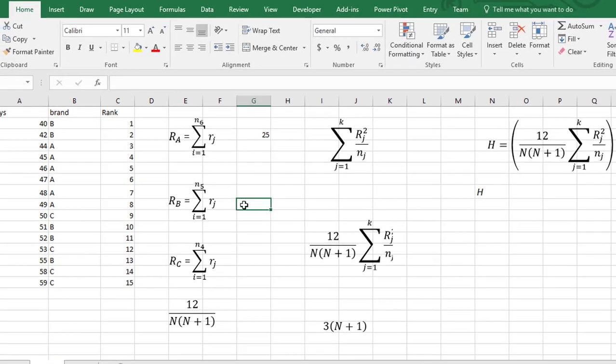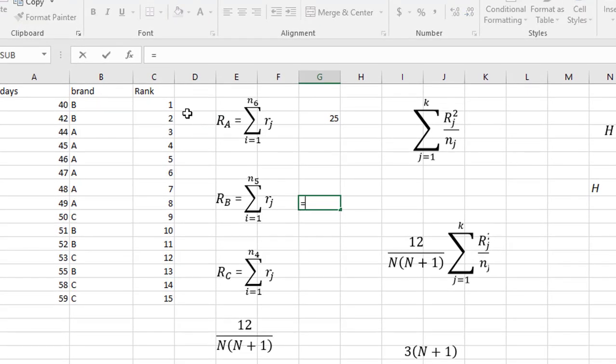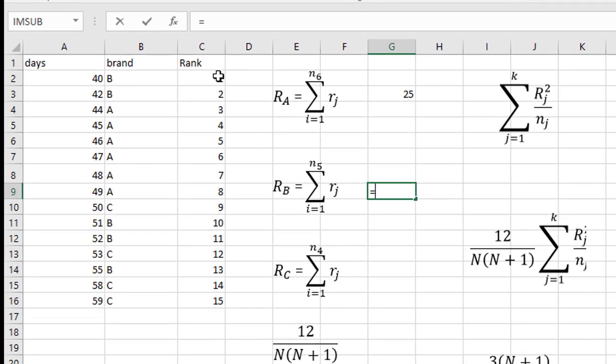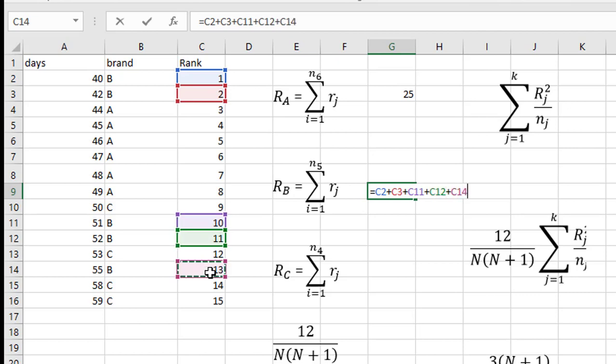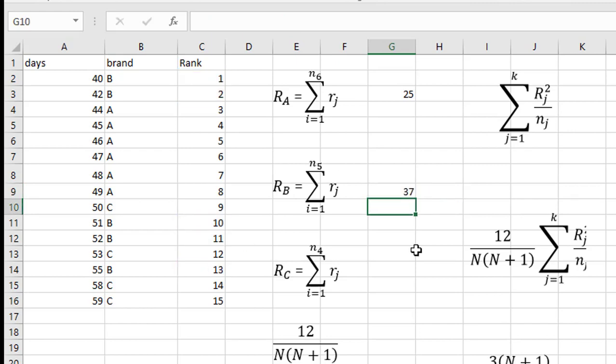Now for B, we'll just say equal, and we'll sum all the ranks of B. So we have 1 plus 2 plus 10 plus 11 plus 13, and equal. Good.